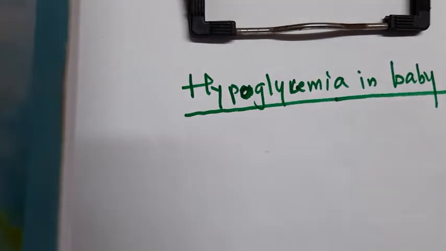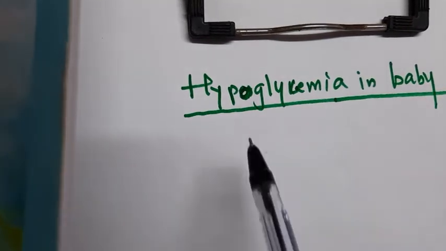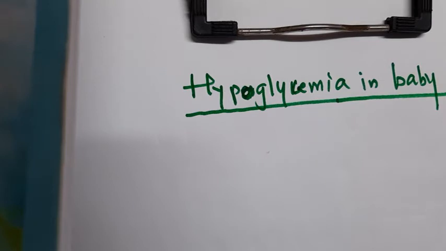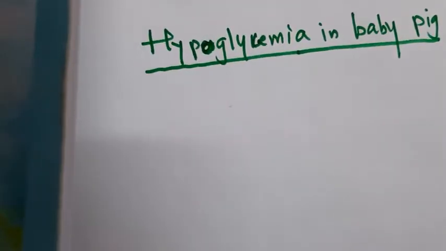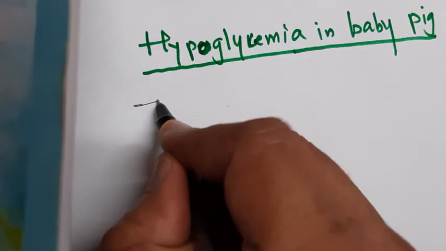Because of the hypoglycemia, that is a lower blood sugar, this particular condition occurs in baby pigs or piglets immediately or a few days after their birth. So it occurs in the first few days of life.